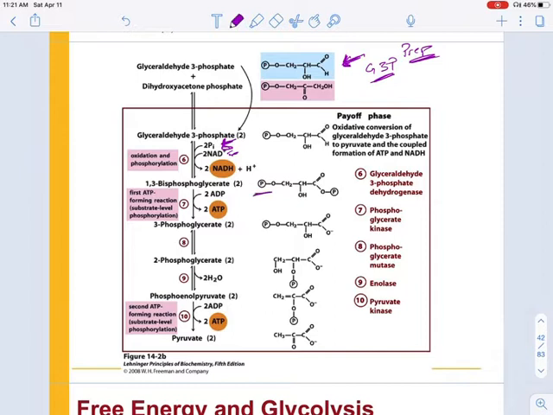And so here we have 2 phosphates associated to this molecule. The enzyme that does that is glyceraldehyde 3-phosphate dehydrogenase, right? The substrate is glyceraldehyde 3-phosphate, and the activity, a dehydrogenase, pulls off electrons, right? And so this is going to take electrons from that glyceraldehyde 3-phosphate and put them onto something else, in this case NAD plus.